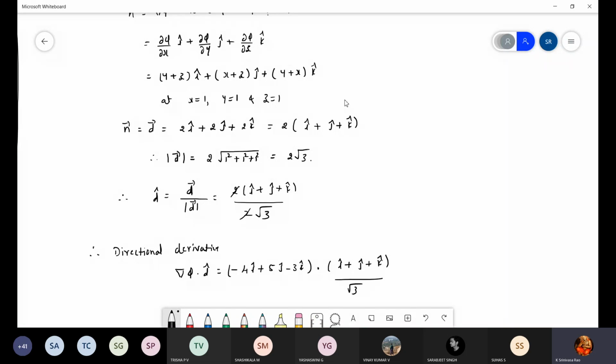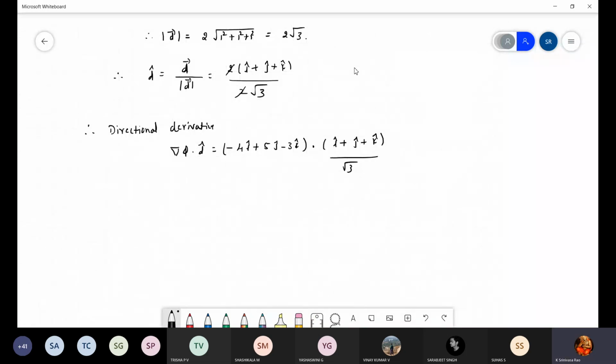Finally, 1 by root 3 into minus 4 into 1 is minus 4, plus 5 ones are 5, then plus into minus is minus 3. So the final answer is minus 2 divided by root 3. Okay, this is the final answer of the directional derivative.